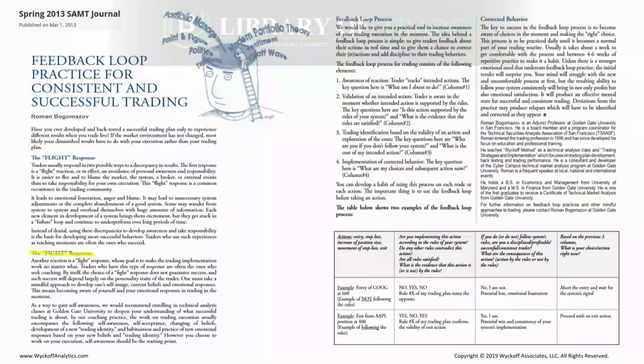So a feedback loop process allows us in the moment to make sure that we are behaving correctly, that we are making the correct decision, which is based on our trading plan. Let's go through this process really quickly.